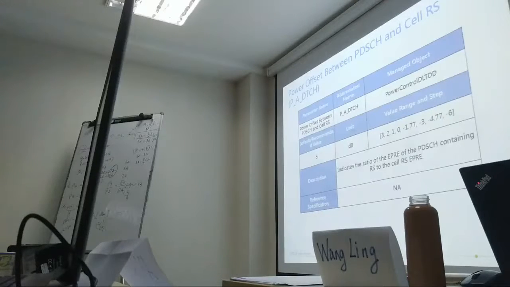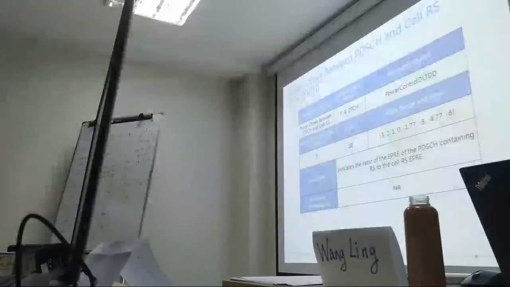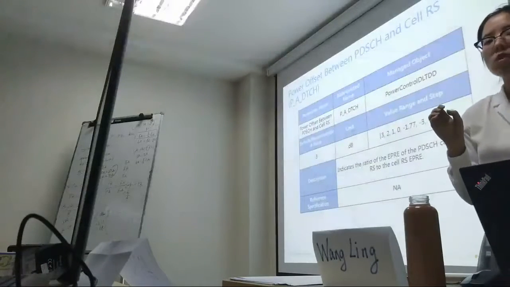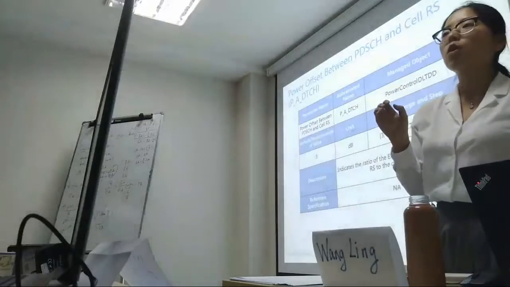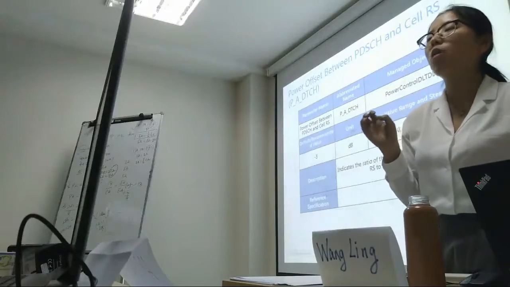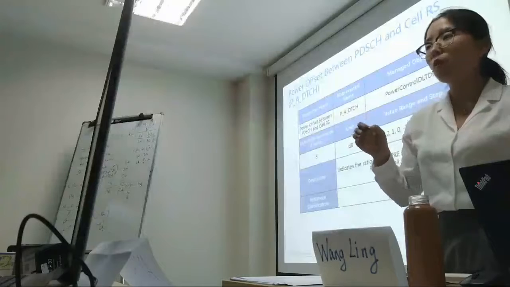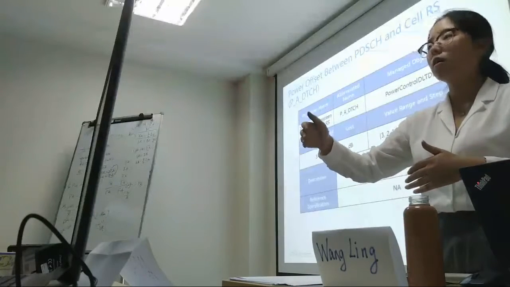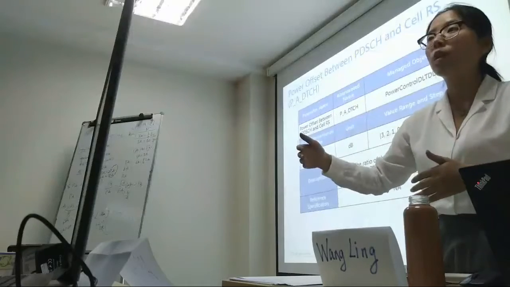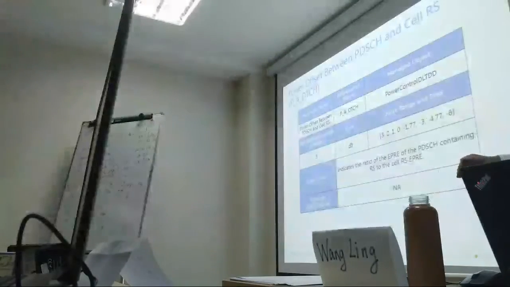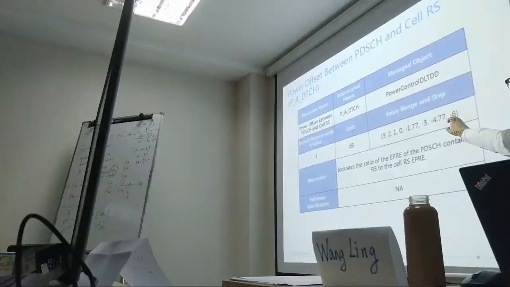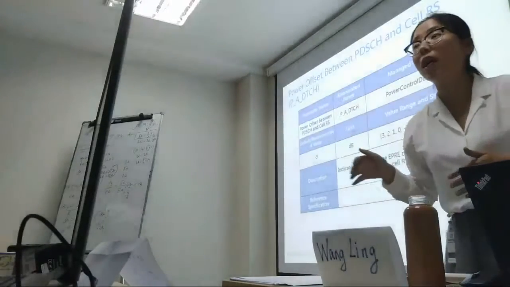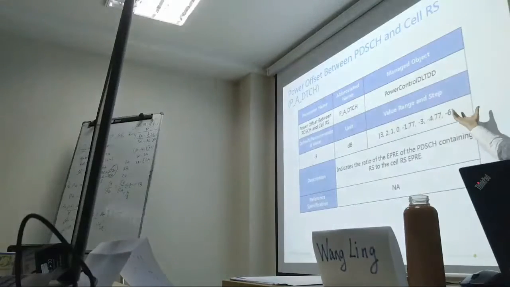For some special scenarios, for example, we don't consider the traffic because there are not many users, so we just want to first let the UE have the signal. You can set a large value, minus 6. That is okay, the RS power is very large. This is only for special cases.